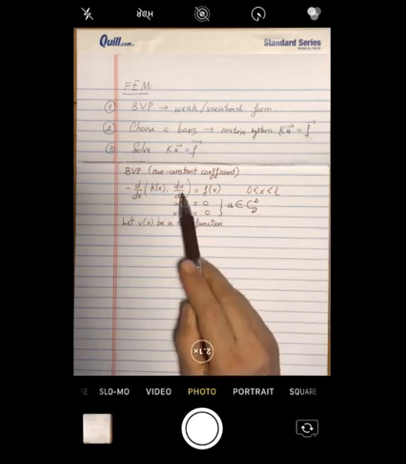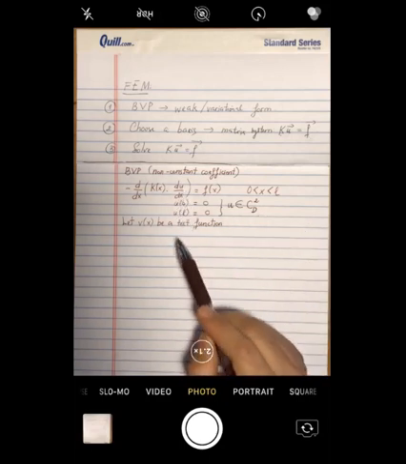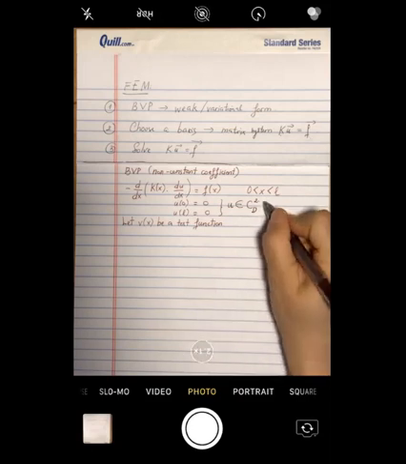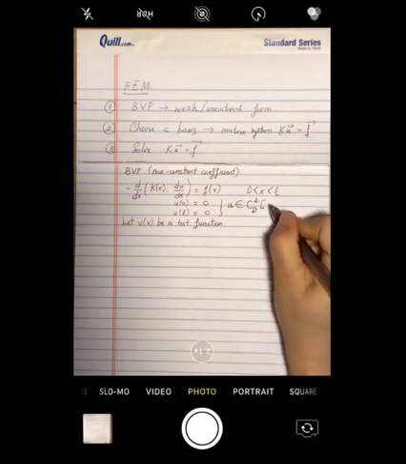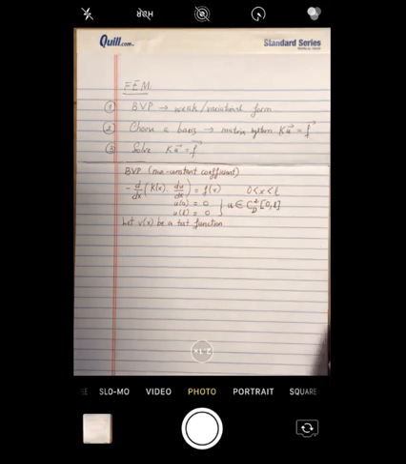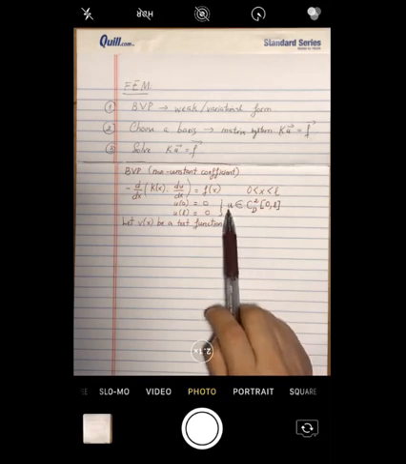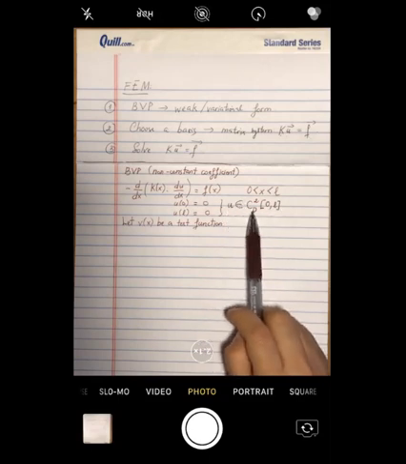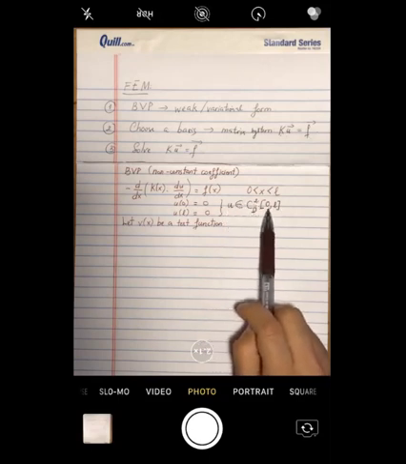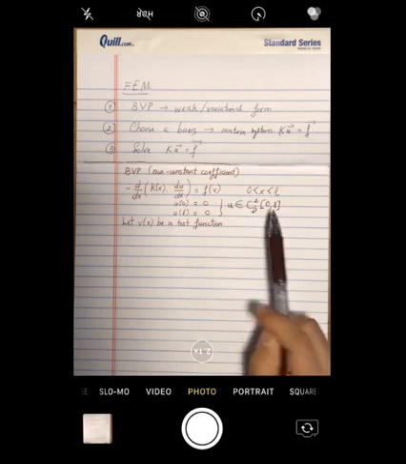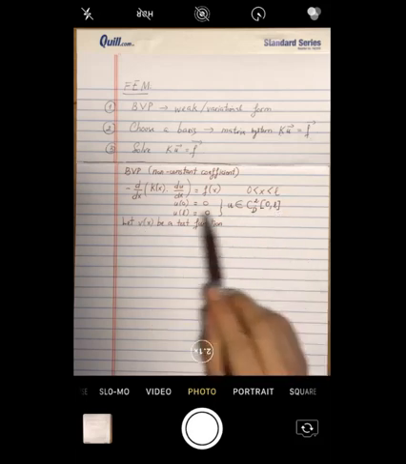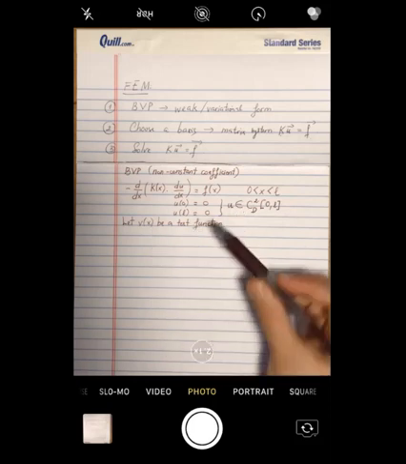Remember, u is a function of x. So we need to write down what is the domain of x. In this case, x goes from 0 to L. So this is what we write. So u belongs to the function space C2D from 0 to L. Okay, so we want v(x) to be in the same function space.